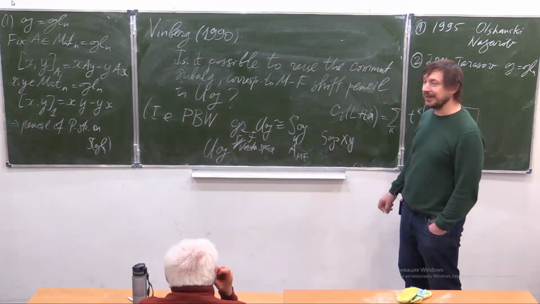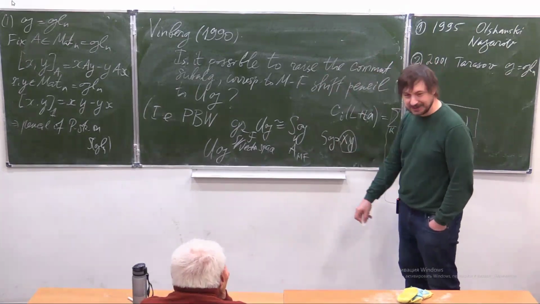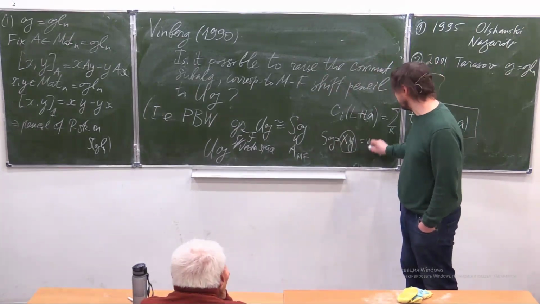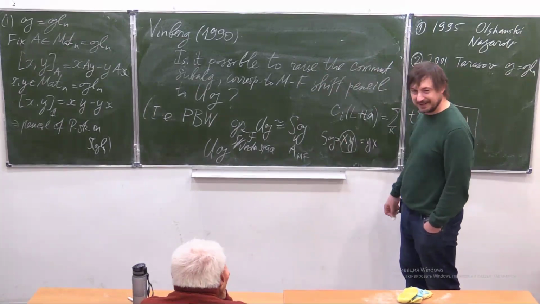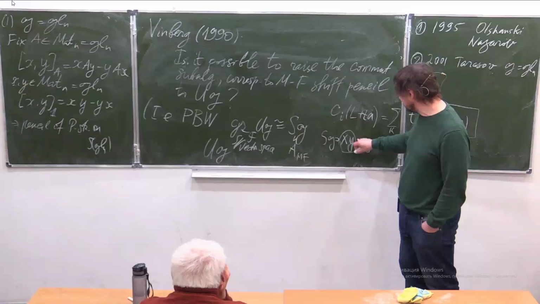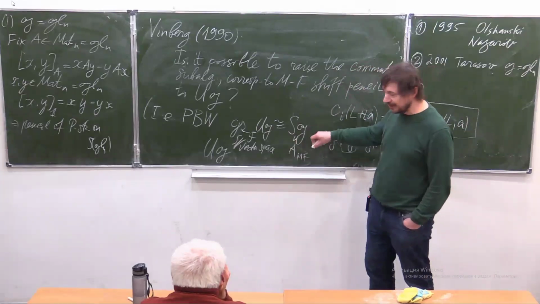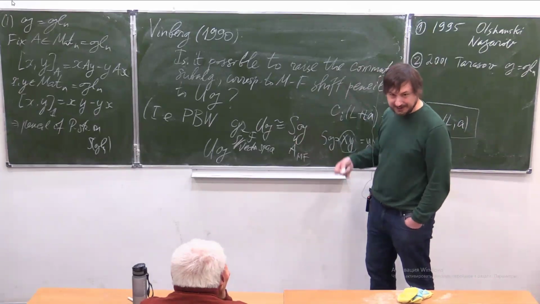So if you regard SG as just a polynomial algebra, you have XY, which is of course equal to YX in SG. Yeah, in SG. So if you regard SG as just a polynomial algebra, then you need to go from SG to the universal enveloping algebra. But if you regard SG as a subspace, a subalgebra in the tensor algebra, then you're right.